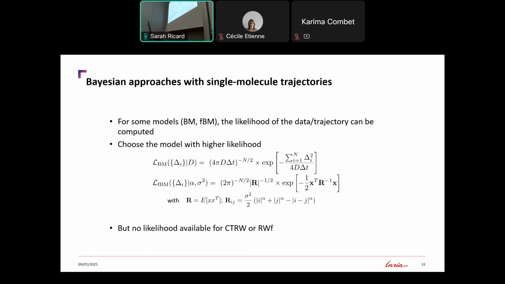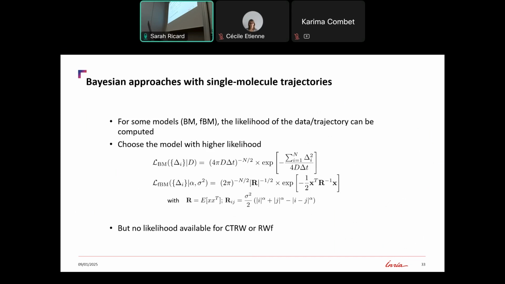For Brownian motion, it's very simple. If you have n points, it's the product of n Gaussians. It's a bit more complex for fractional Brownian motion, but still you have an explicit expression. So if you have trajectories with BM or FBM, you can use classical maximum likelihood estimators, Bayesian inference, whatever you want, to estimate the parameters from the trajectories.